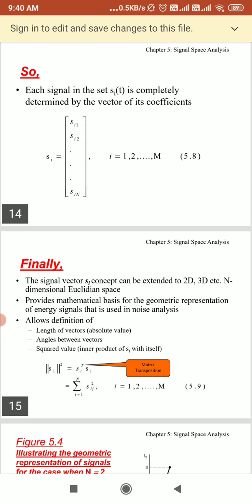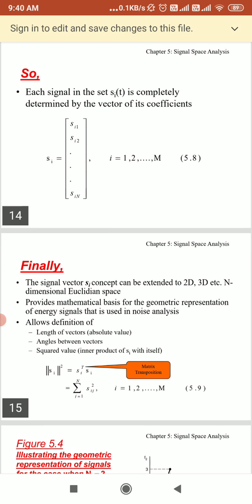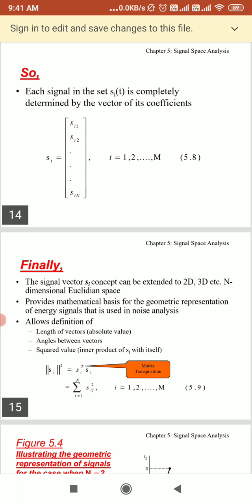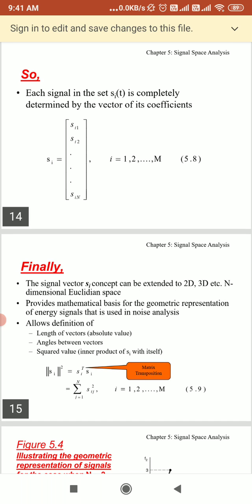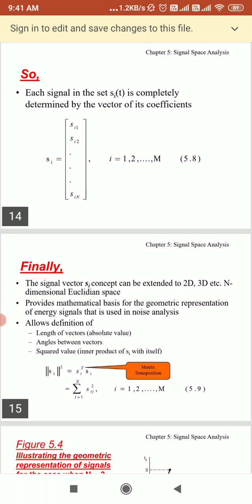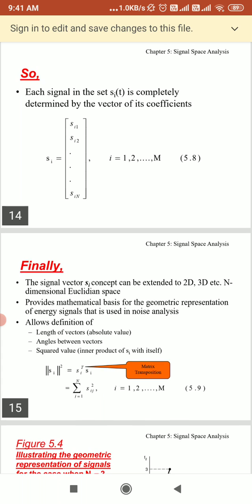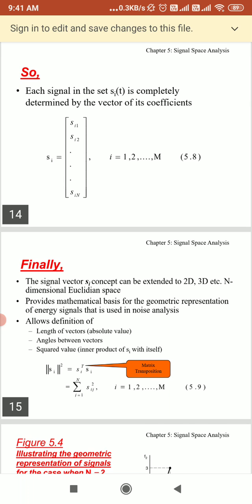When we are finding the energy of S1 of t, it helps in finding the first basis function, that is phi1 of t, which is the normalized form of the first signal. If we are supposed to find the second scalar S21 and the energy of the second signal, a special function g2 of t, which is orthogonal to the first basis function, then we will get the second orthogonal basis function, that is phi2 of t.